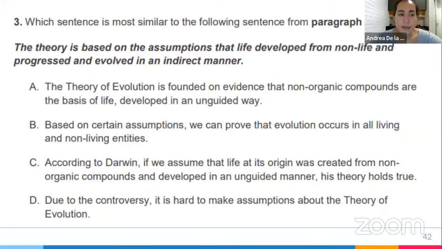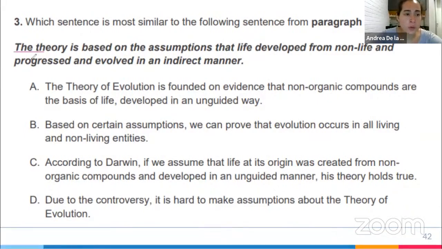Okay, guys, to give you some context, this passage was about Charles Darwin's theory of evolution, okay? So when they say the theory, we are referring to the theory of evolution by Charles Darwin. Now, could anyone, maybe Evelyn, could you please read the question and the sentence?